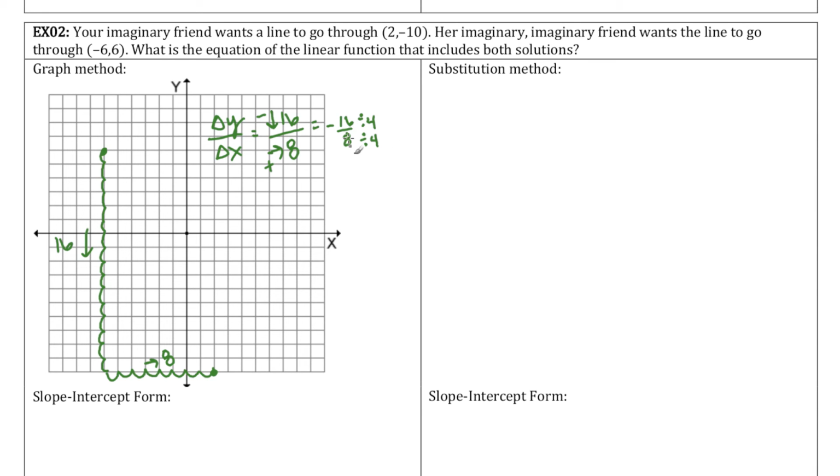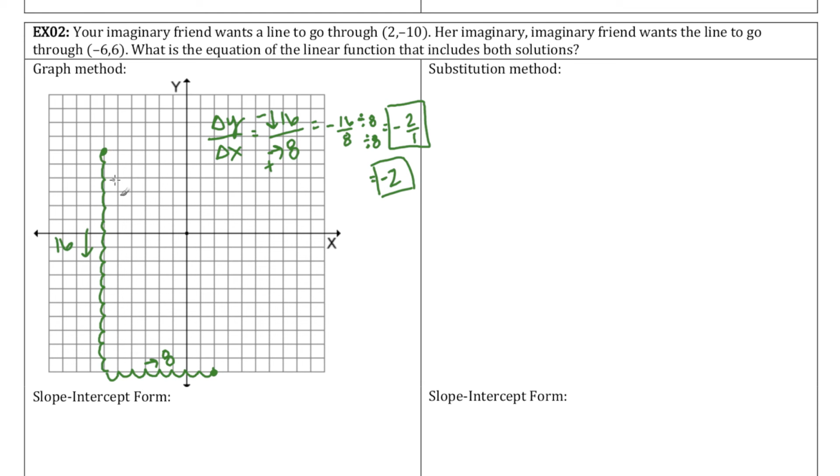Oh, I can actually divide by 8 here. Divide by 8, divide by 8. Negative 2 over 1. So negative 2, if you want to see it just like that.